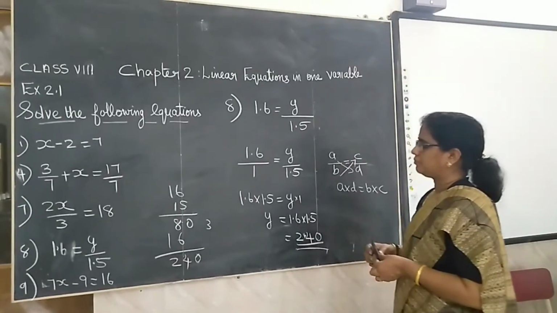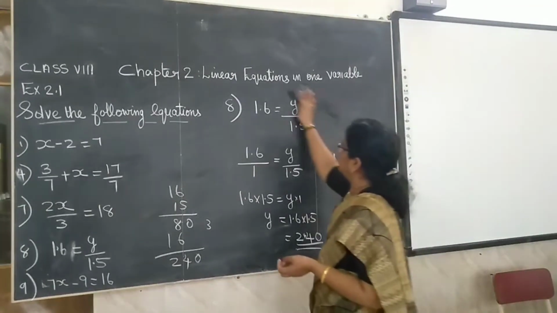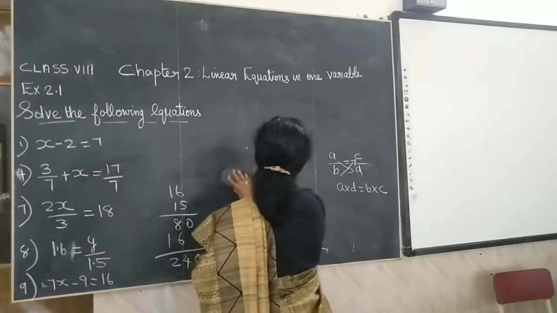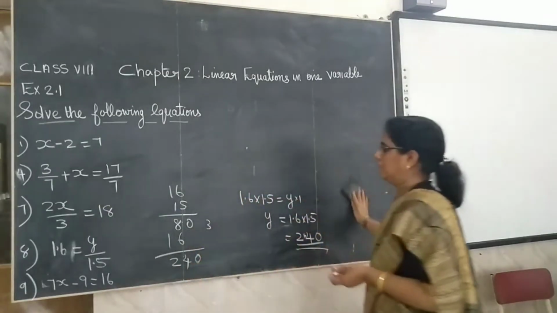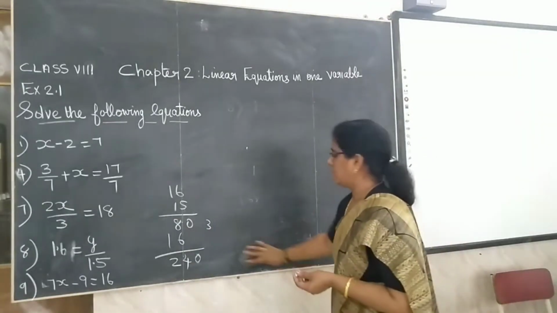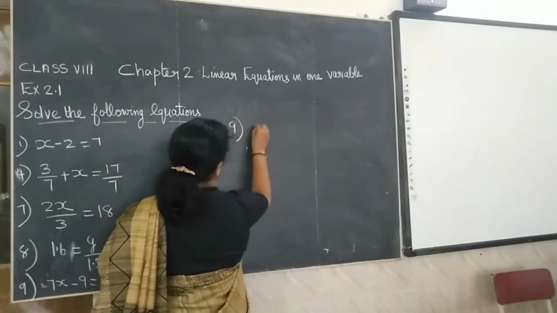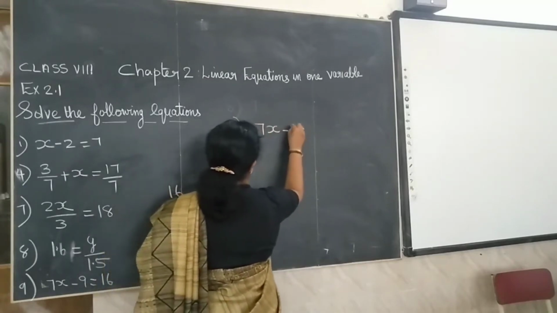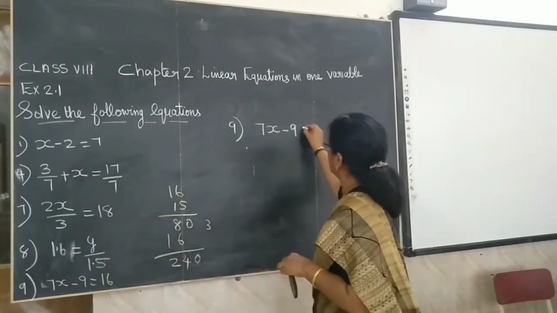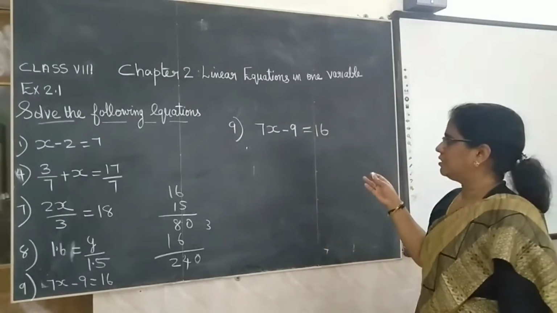Now question number 9, that is 7x minus 9 equal to 16.